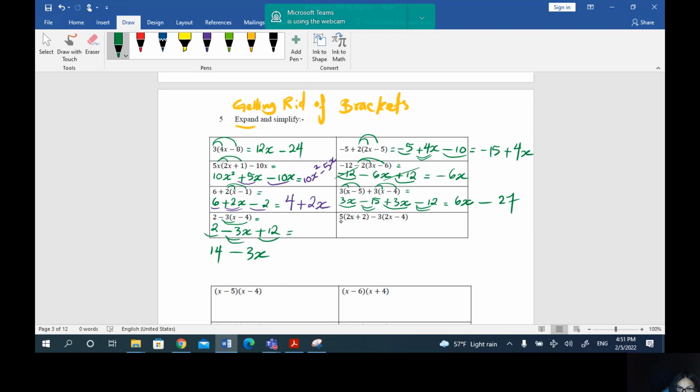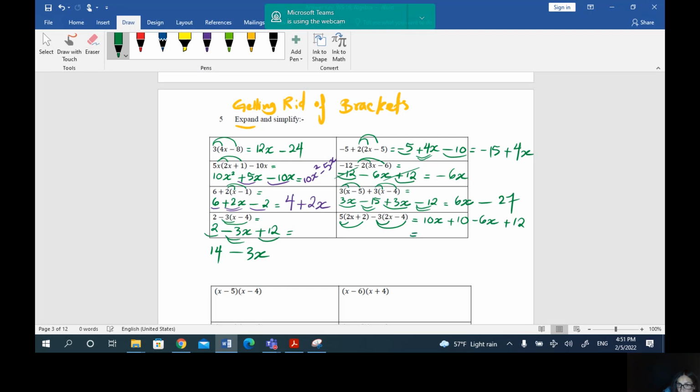Same here, we're going to expand the 5 into the first bracket and the negative 3 into the second bracket. 5 times 2x, 10x. 5 times 2 is plus 10. Negative 3 times 2x is negative 6x. Negative 3 times negative 4 is plus 12.